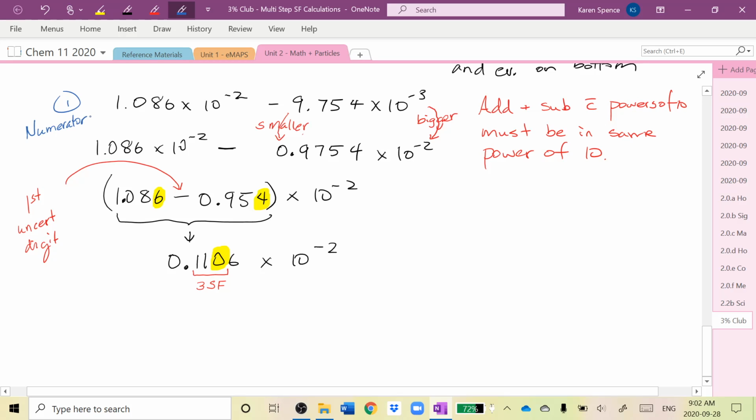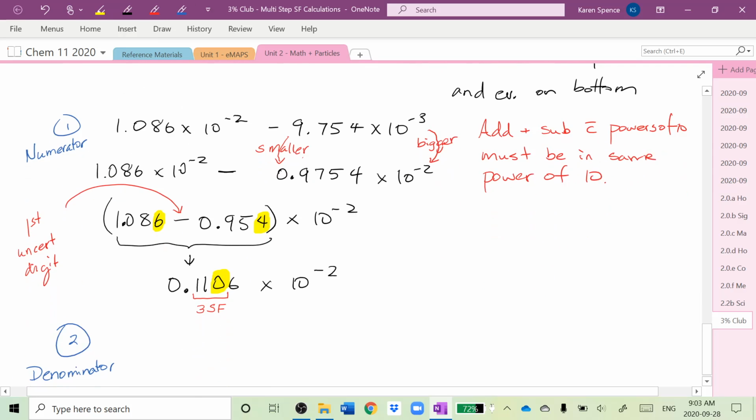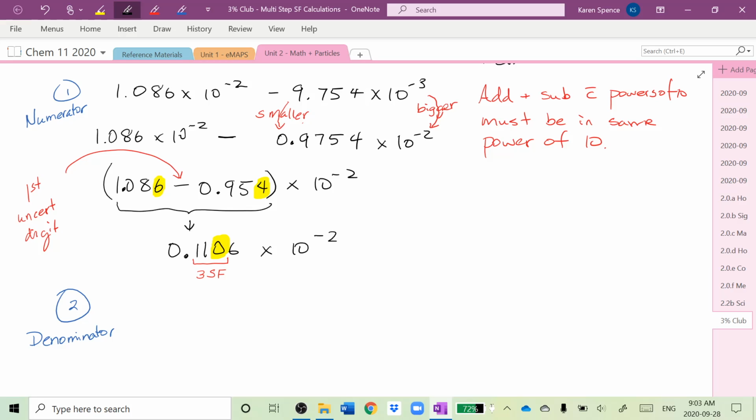Second thing we're going to do is the denominator. Because we've got now our denominator down on the bottom, 2.7002 times 10 to the negative 4.